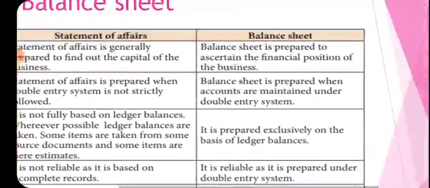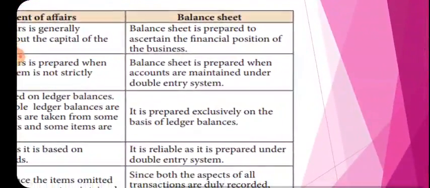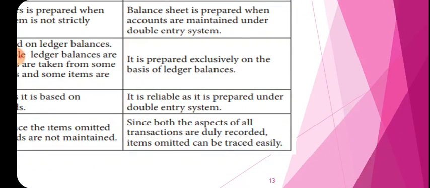But the balance sheet is prepared to know the financial position. It is prepared when accounts are maintained under the double entry system, exclusively on the basis of ledger accounts. It is reliable. Here all transactions are entered, so mistakes can be found easily.